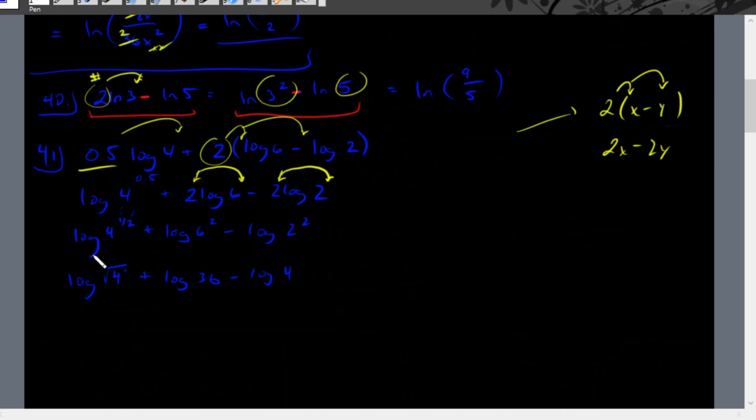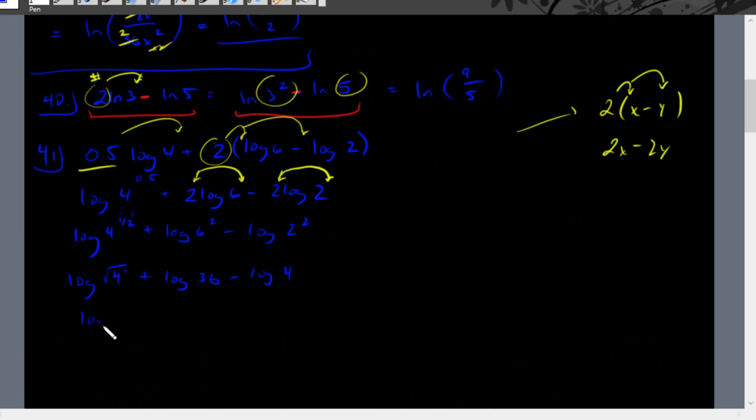So now, when you're tackling these problems, you want to go left to right. The best strategy is to combine your sum of logs first. Any sum of logs you've got, combine those using the product property, and then do the quotient property with the subtraction, the differences. So the square root of 4 is just 2.